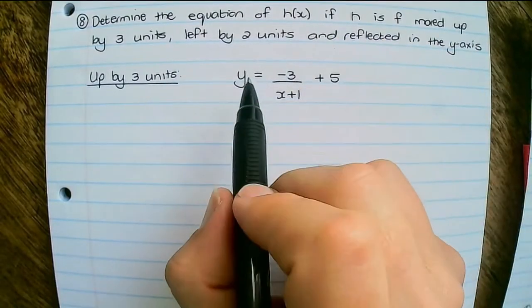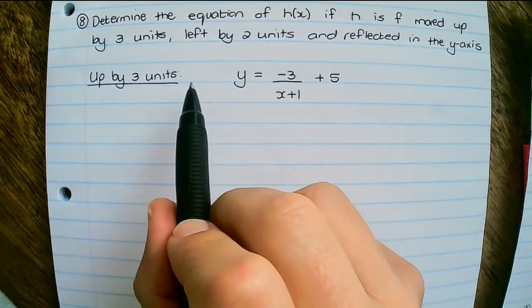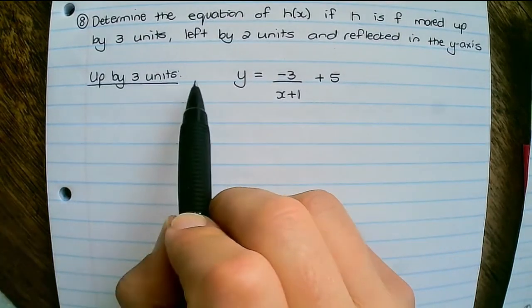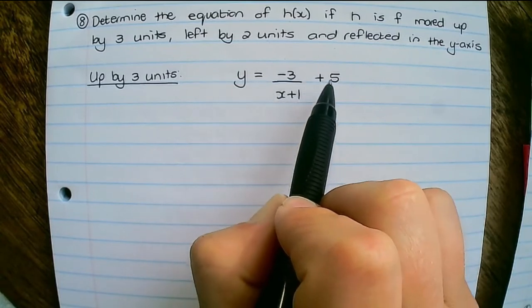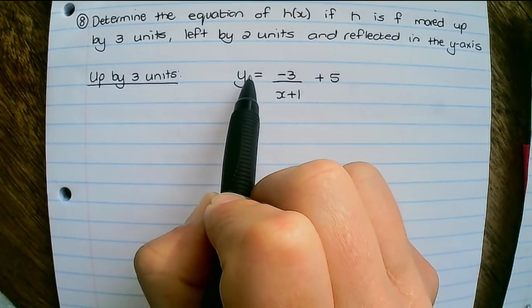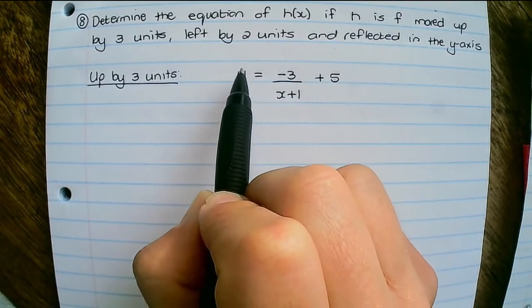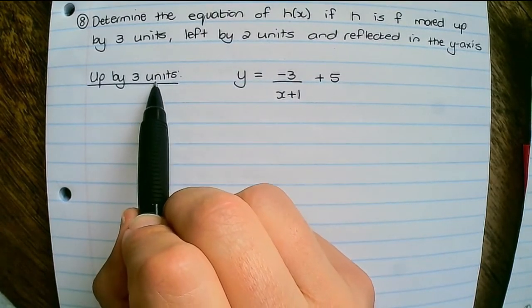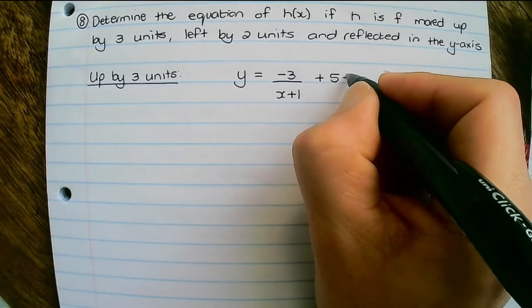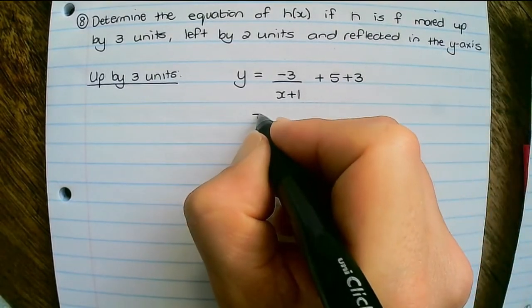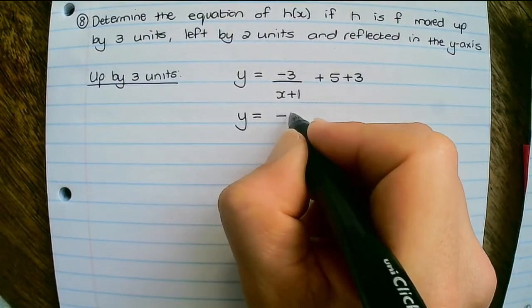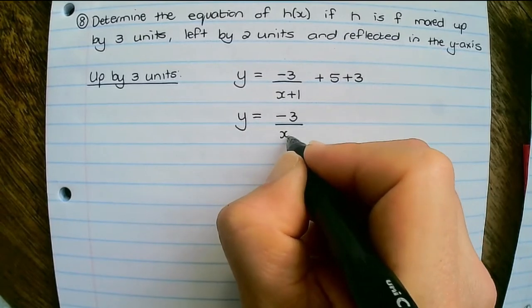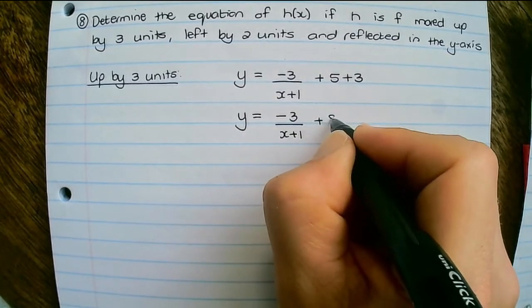So first off, we want to move the function of f up by 3 units. Notice I replaced f(x) with a y. So to move up by 3 units, I need to add 3. So the new equation would be y equals -3 over x plus 1 plus 8.